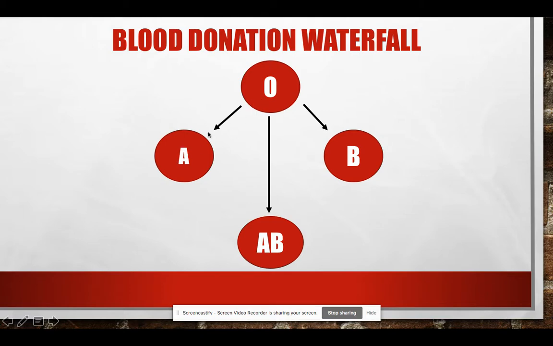Now, if I go over here, A blood can donate to itself, or it can donate to AB. Similarly, B blood can donate to itself or to AB. AB cannot really donate to anybody. However, it can receive blood from everyone else.